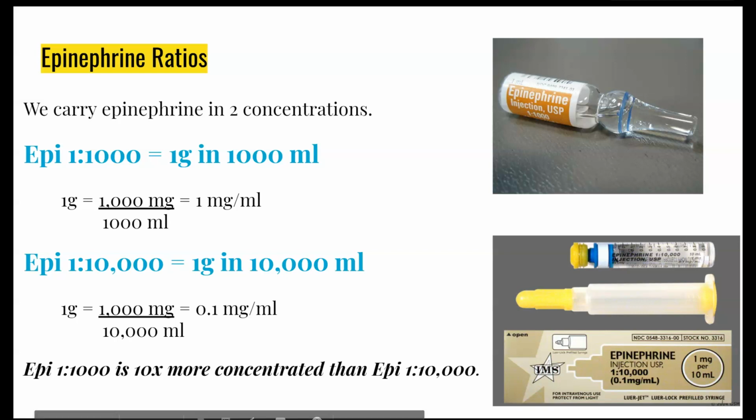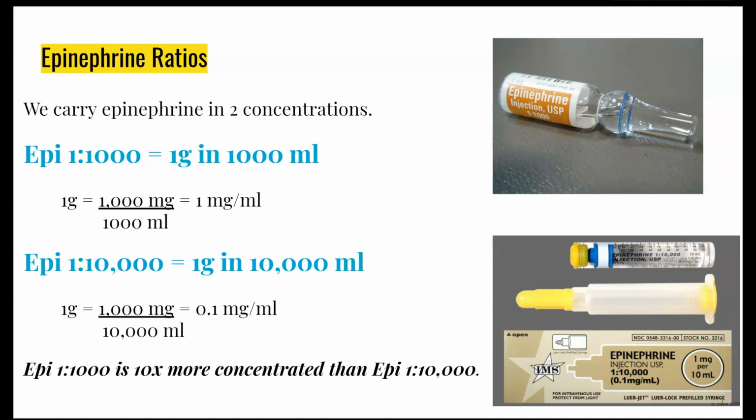There's more water in this one, but the same amount of medication. So if I wanted to give 0.3 milligrams of this, it's just 0.3 milliliters. If I wanted to give 0.3 milligrams of this, it's 3 milliliters. Does that make sense? Because this is 10.